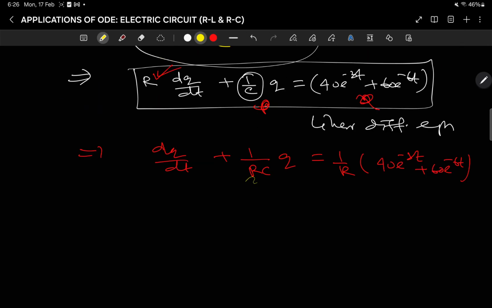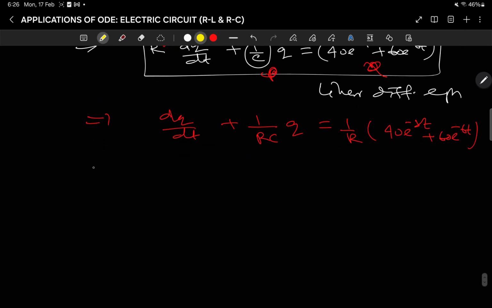Now if you substitute all these values of R and C, we get dQ/dt plus 5Q equals 2e^(-3t) + 3e^(-60t).